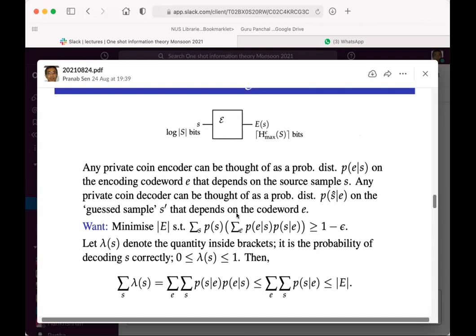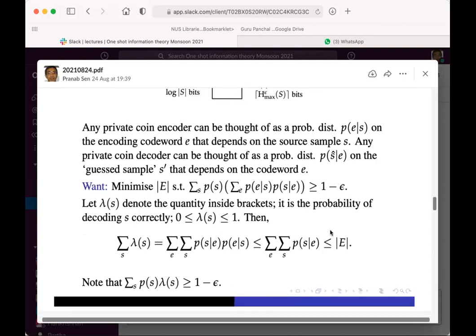The overall success probability of decoding is captured by this expression, and this we want to be larger than 1 minus epsilon. The quantity in brackets we gave the name lambda S, and lambda S is nothing but the probability of decoding S correctly. Given that the symbol S has been outputted, it goes to a randomized encoder, and then to a randomized decoder. What's the probability that this particular S is decoded correctly? That's lambda S. So it's a quantity between 0 and 1.